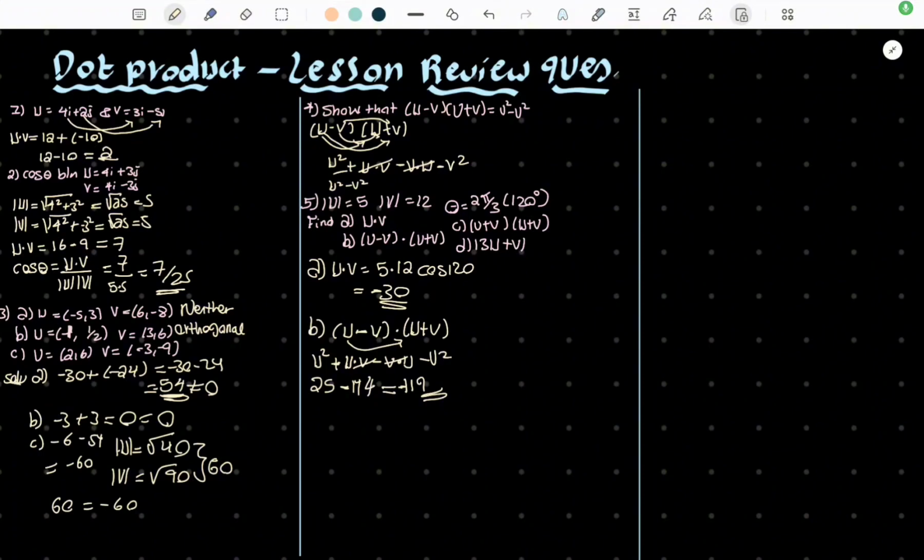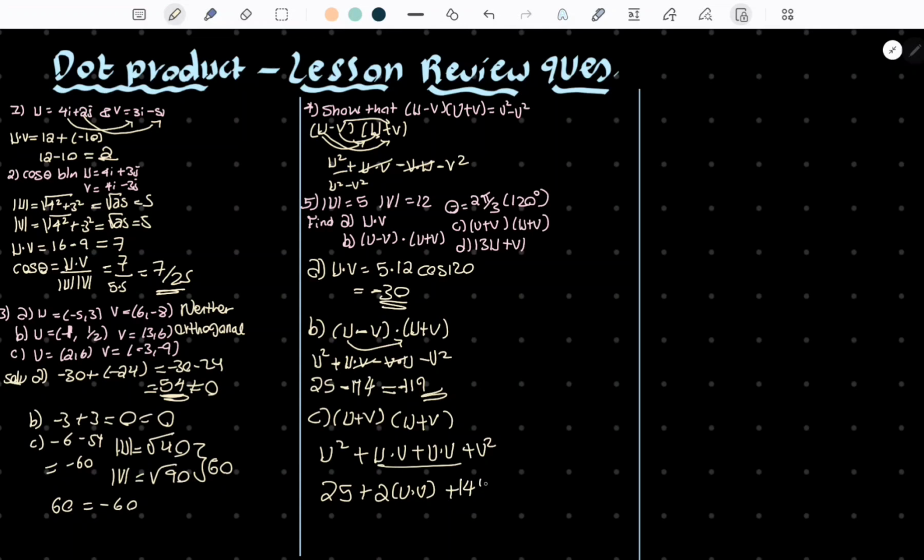C is practically the same thing, but it's different when it's expanded because there are some things that don't cancel out, which we will see right now. u squared plus u dot v plus u dot v plus v squared. As you can see, we have two u dot v's. So first the square of u, which is 25, plus twice u dot v plus 144.